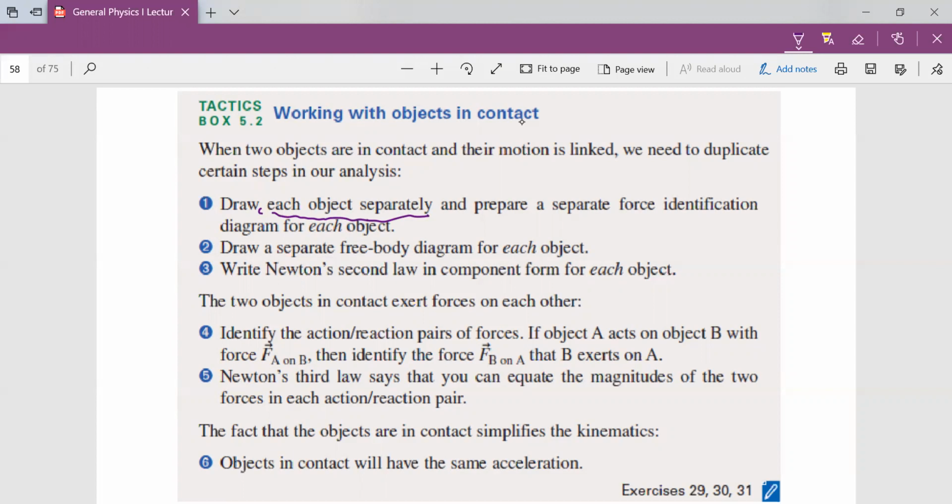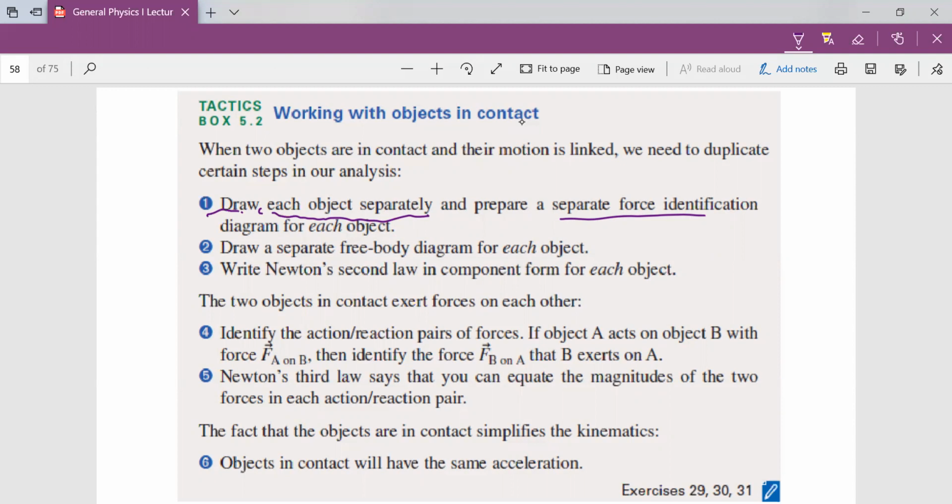But to analyze or solve the problems that we want to look at, we'll first of all have to draw each object as though they are separate from one another. So this is to help us separate and identify the forces from the diagram we will make.